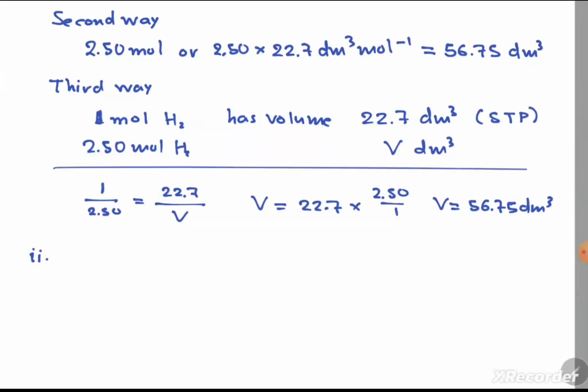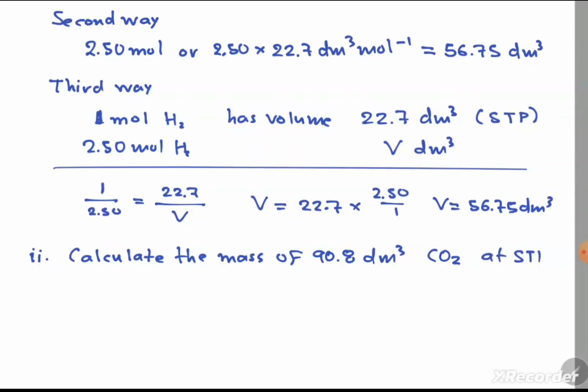Second example. Calculate the mass of 90.8 dm to the cube carbon dioxide at STP. We have the solution.